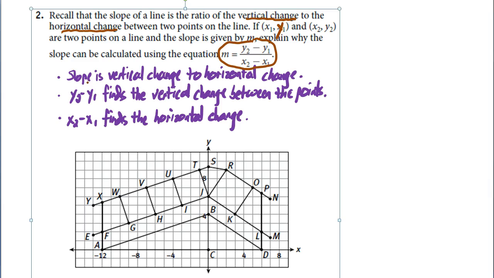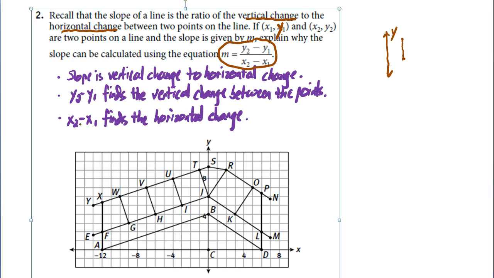Well, by definition, slope is the vertical change to the horizontal change. And finding the difference of the y-coordinates finds the vertical change between 2 points because the y-axis is your up and down axis. If you had a dot here and a dot here and you subtracted their y-coordinates, that would tell you how far apart they are vertically.